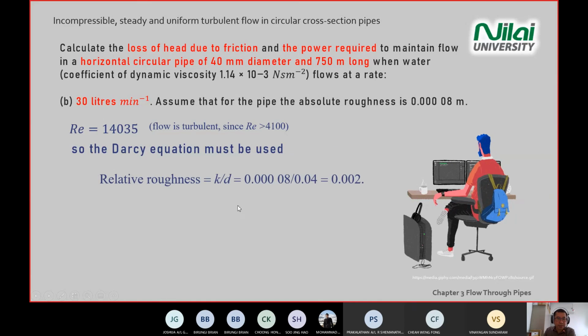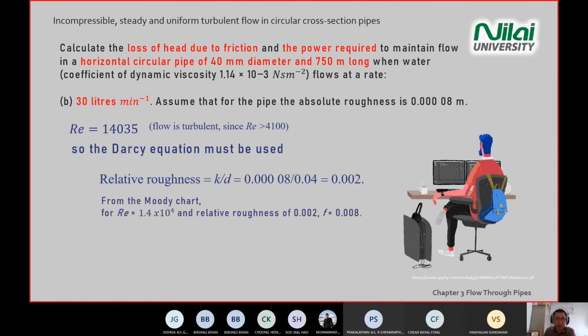All right. Relative roughness k divided by D. And then use the Moody chart. For the Moody chart, you enter from the bottom of the axis. And you get your f, then you find your head loss.